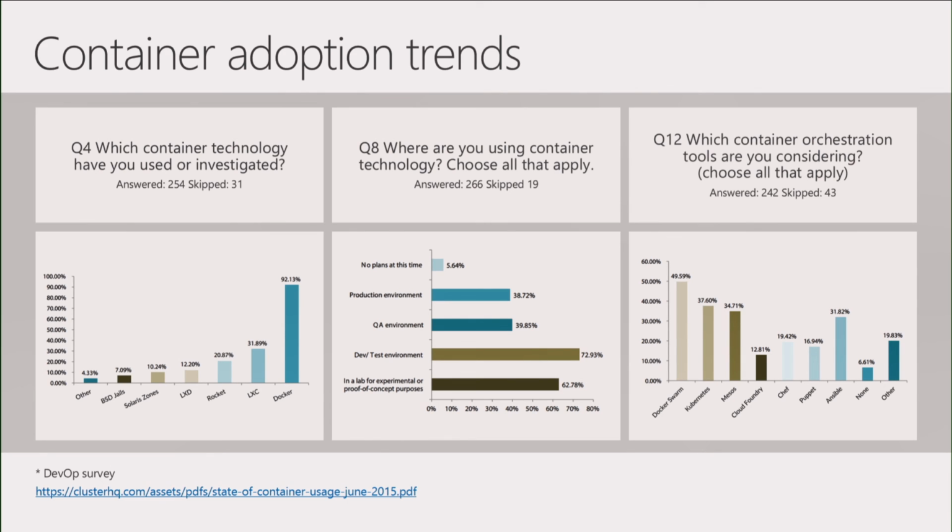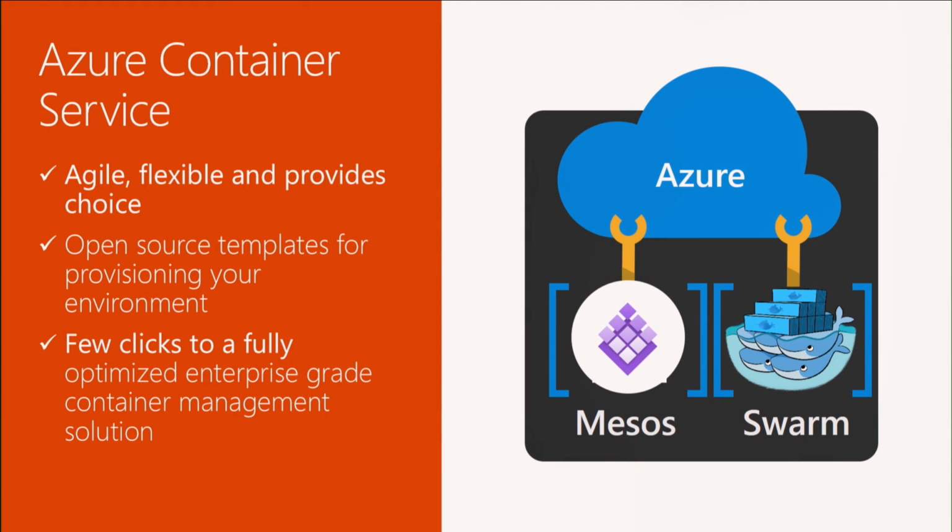This has led to the creation of orchestration technologies like Docker Swarm or Kubernetes or Mesos DCOS. And in Azure, we have taken advantage of those open source orchestration technologies, and we built a service on top to help you orchestrate and manage your container-based applications.